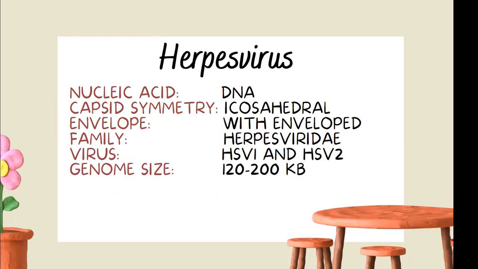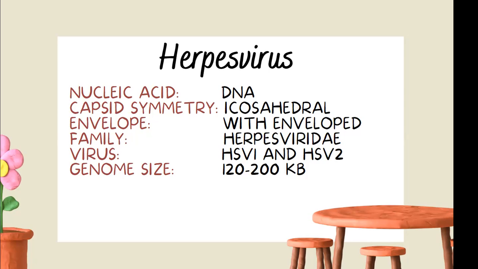A little recap about herpes viruses, which was discussed in our semi-final topic. I will just give an overview about herpes virus. The nucleic acid is DNA, of course, because again, they are called alpha viruses, which are double-stranded DNA.